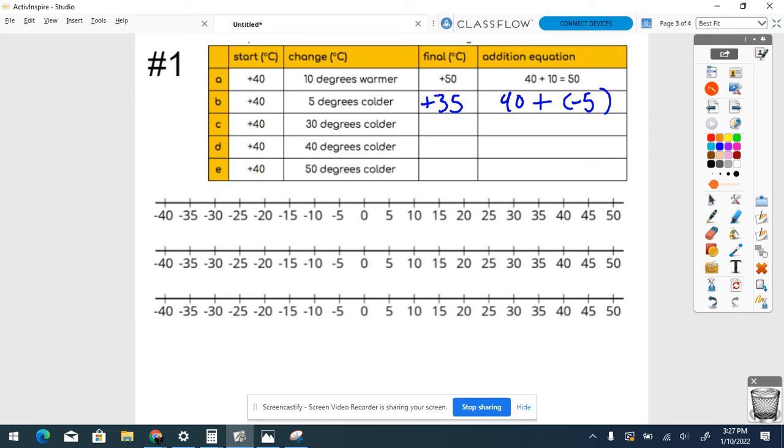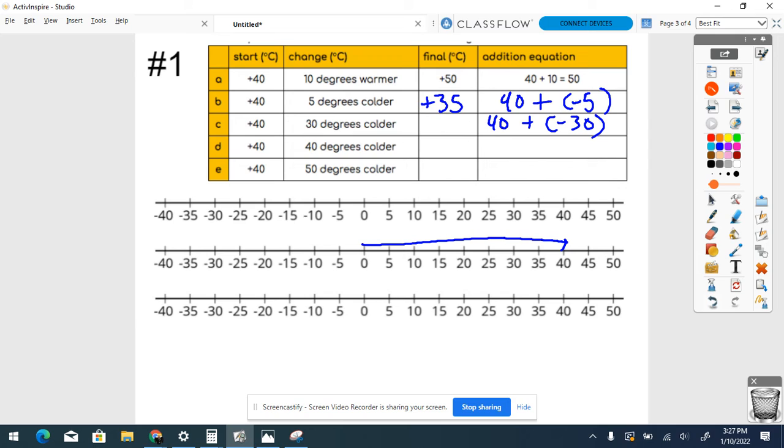Letter C. So once again, I'm starting at 40. And I can even come down right away. Draw my arrow to 40. Now this says 30 degrees colder. Well, we just said if we get colder, I'm going to add a negative, right? I'm going to go to the left of the number line, or I'm going to go down on a thermometer if I get colder. So 40 plus negative 30, well, what's that going to be?